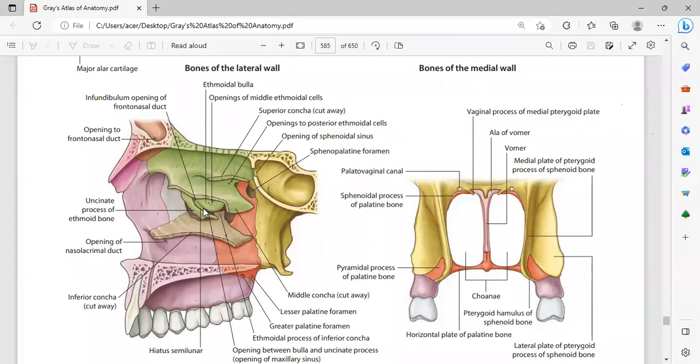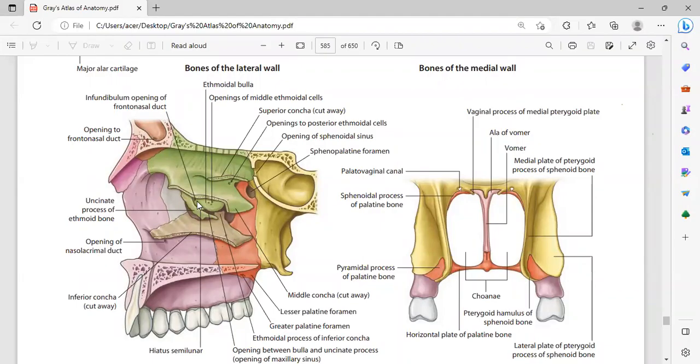In this middle meatus, you have a structure called the uncinate process, which is part of the ethmoid bone. Between the uncinate process and this part, which is called the ethmoidal bulla, a structure formed by the protrusion of the sinus into the nasal cavity, you have a thing called the hiatus semilunaris. It looks crescent-like in shape, so you call it the hiatus semilunaris.